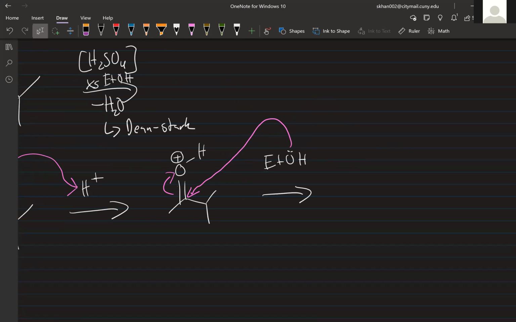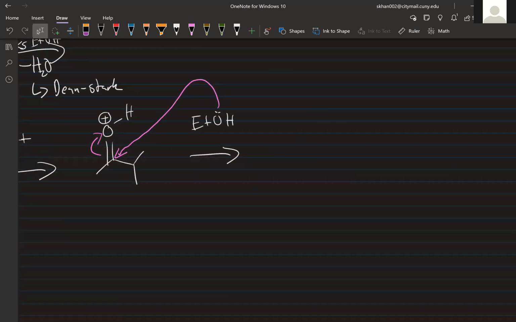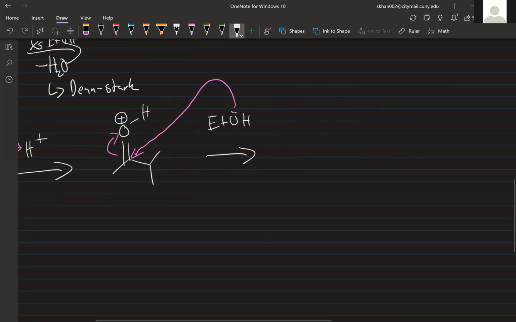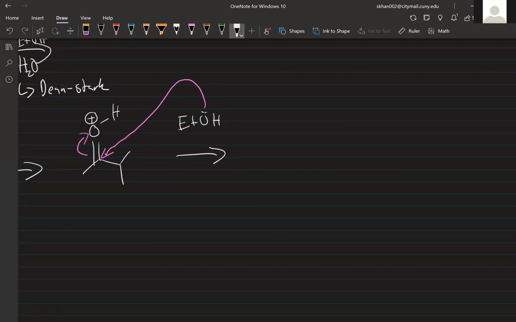Okay, so our alcohol attacks, it attaches, right? Just get your bonding correct here. I'll just curve it downwards. We have OH here, right? Now we are bonded to the oxygen, right?